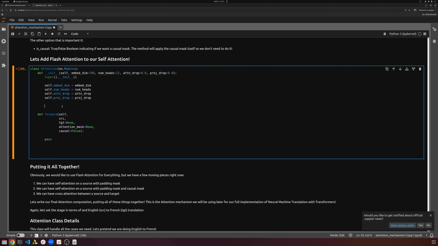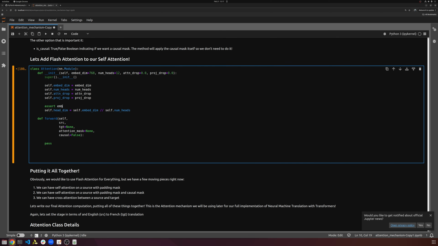So there we go. And we're going to do self.head_dim is, again, self.embed_dim integer division by self.num_heads. And just to be the most correct, we can do assert embed_dim mod num_heads is 0.